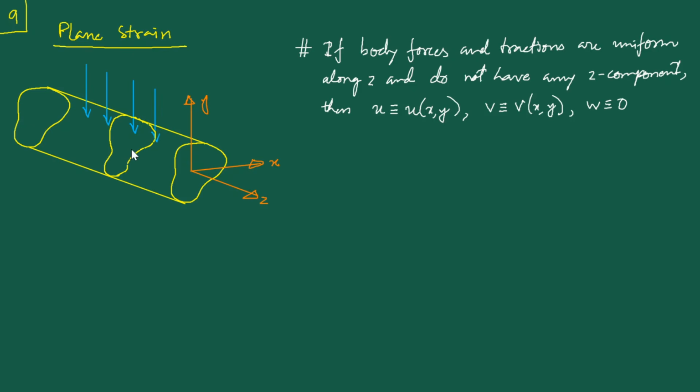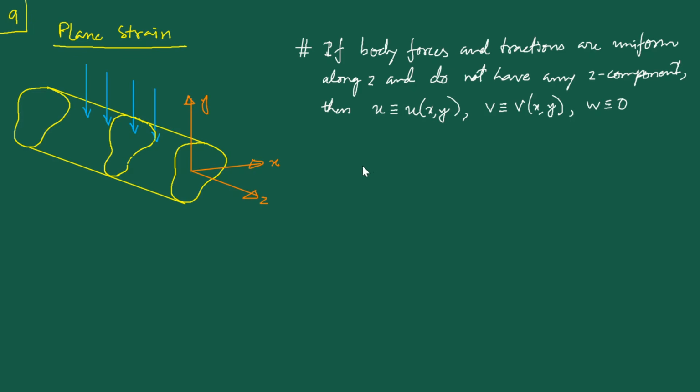It is somewhat reminiscent of that thin plate like situation. If you think of the cross section of this slice like the mid plane of the plane stress condition, it is somewhat reminiscent of that, but there are important differences as far as the strain fields and the stresses are concerned.